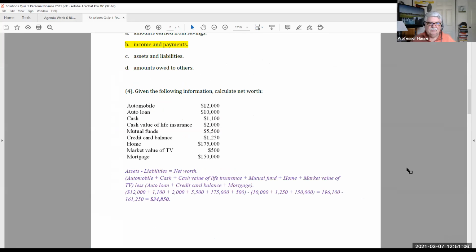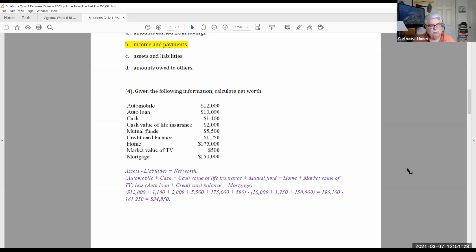First point to make is on a question regarding determine the net worth of this individual. Remember, the net worth is the assets minus the liabilities. So the assets are things that you own. An automobile, $12,000. Cash, $1,100. The cash value of life insurance.